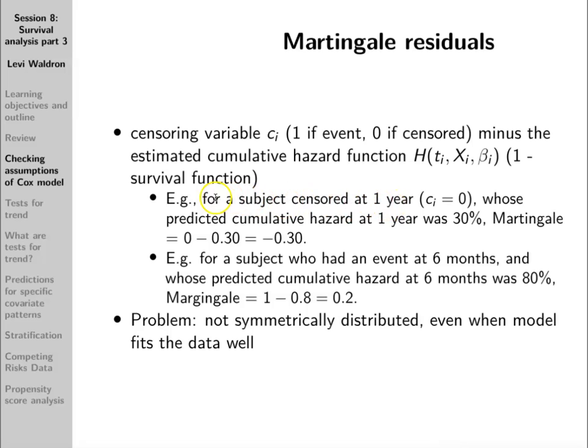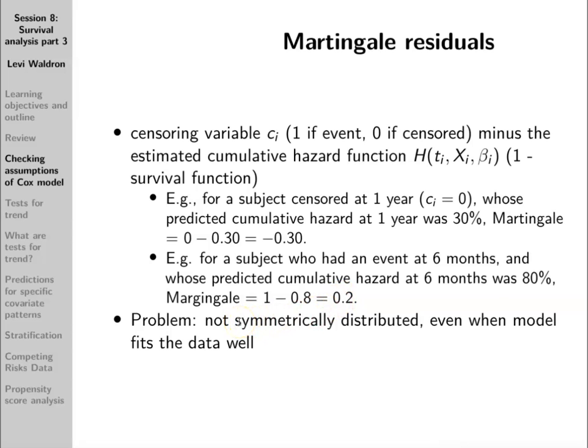So for example, for a subject who is censored at 1 year, that is the censoring indicator is 0, whose predicted cumulative hazard was 30%, that means that they were expected to be alive at 1 year, the residual would be 0 minus 0.3. And for a subject who, let's say, had an event at 6 months and whose cumulative hazard at that point was 80%, their residual would be 1 minus 0.8.